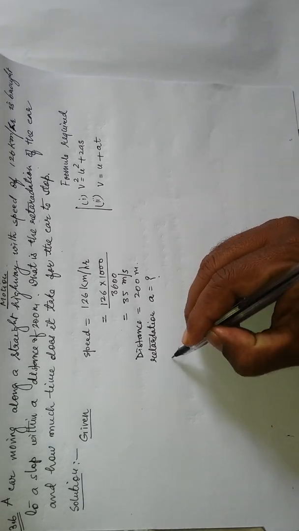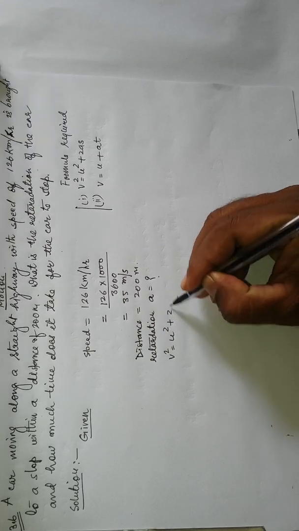So we take v square is equal to u square plus 2as.